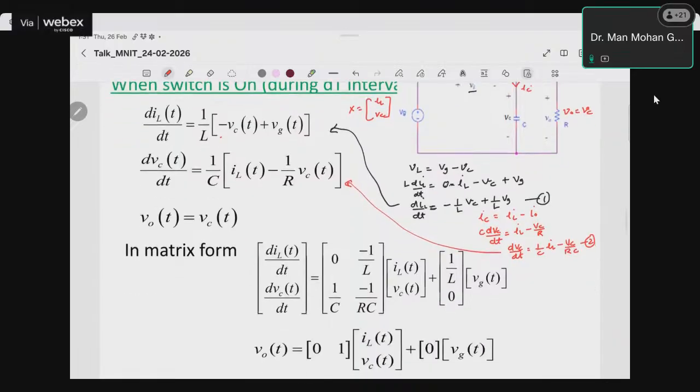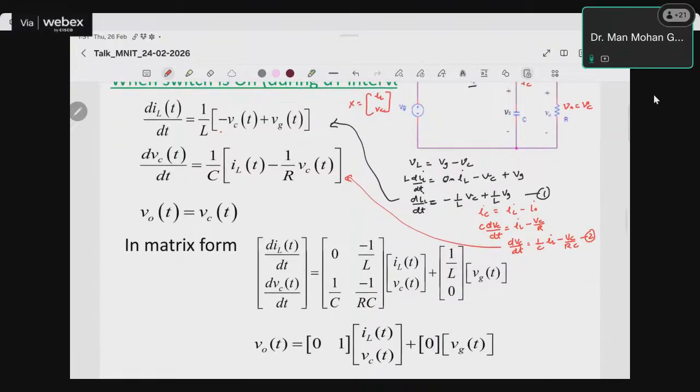Now these equations which we have obtained, we want to arrange in matrix form. dIL by dt and dVc by dt make my vector x dot, this is my x and this is my u. I will arrange the matrix so that the equation becomes x dot equals Ax plus Bu.